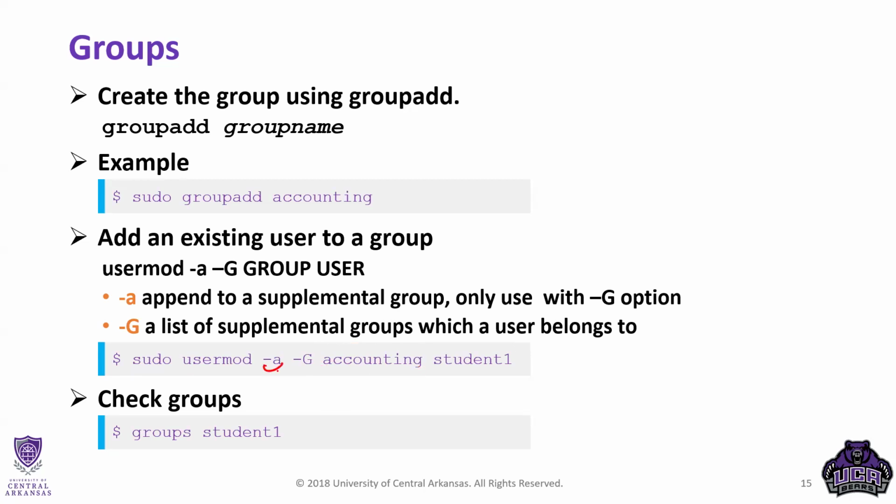So what the a says is I want you to append, and G is a list of all the groups that are currently there. So you're appending all the current groups that student1 is a member of, and then you're adding accounting to that group. It's just a strange syntax that you have to remember.